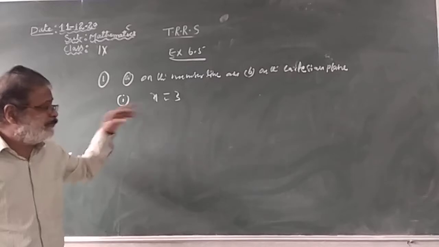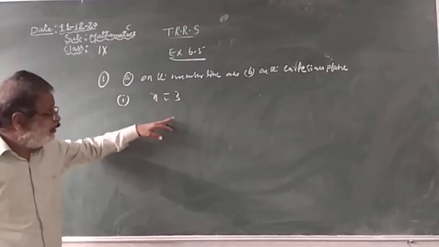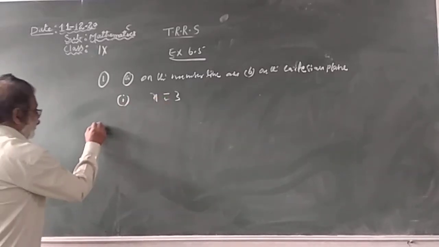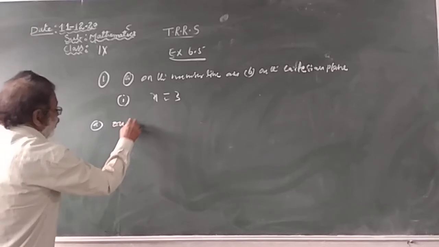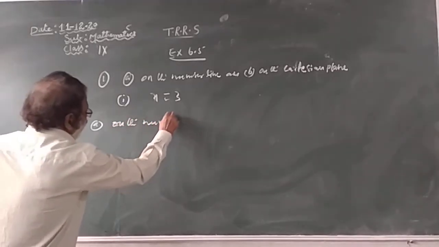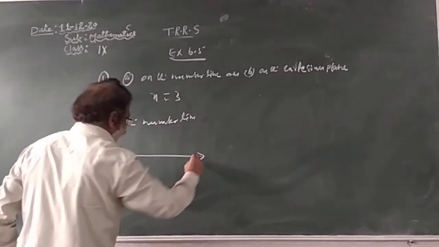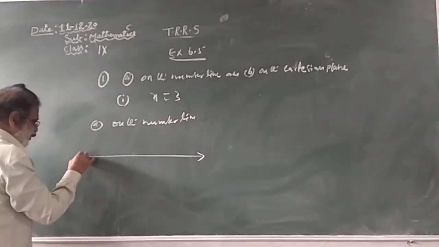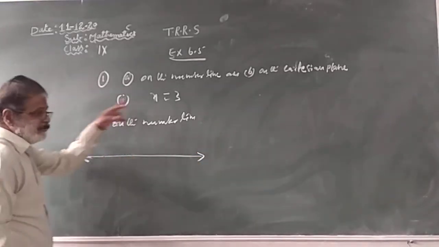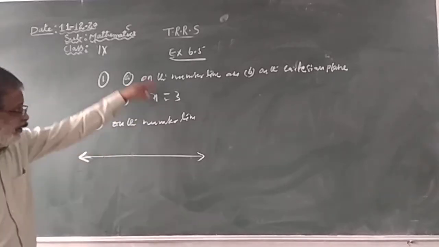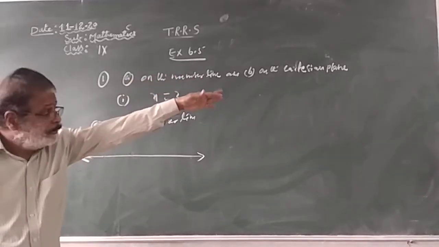The equation is x equal to 3. You should show it first on the number line. This is the number line. It should be represented on the number line and also on the Cartesian plane.